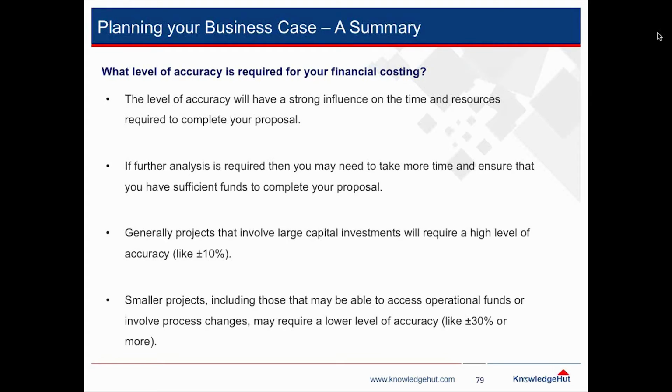For smaller projects, as a rule of thumb, the level of accuracy is around ±30%. A business plan for a large investment is probably not what one individual writes. There is probably a team involved with writing the business case, whereas for smaller projects it's most likely that one person is responsible for authoring it.